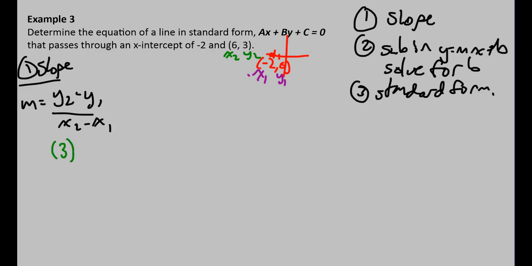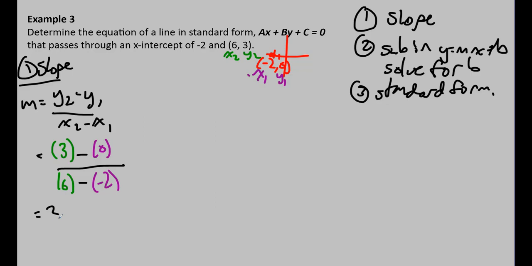So 3 is my y2, subtract my y1 value, which is 0. And all of that is going to be over my x2 value, which is 6, minus my x1 value, which is negative 2. And again, I have to write that negative 2 there because I'm subtracting that value.